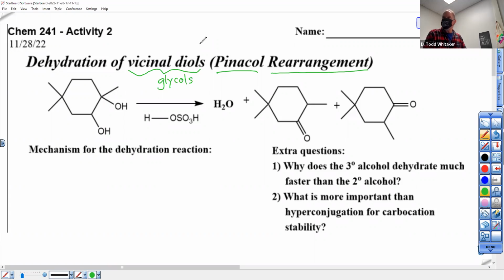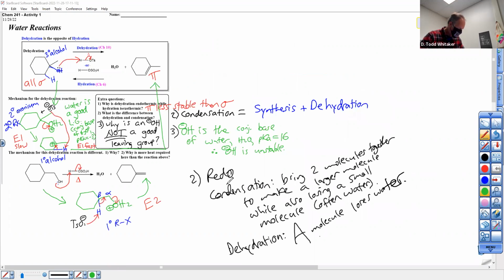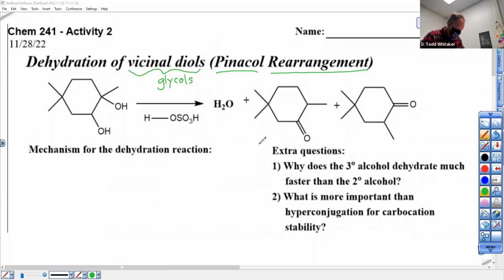What are you left with? Okay, water's the leaving group. But when it leaves, you're left with this. What's that? Carbocation. Re-look at the question now. If you're making a carbocation, why does the tertiary alcohol dehydrate much faster than the secondary?